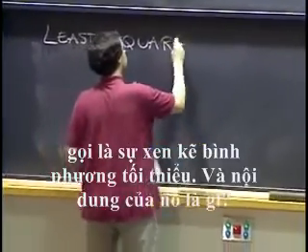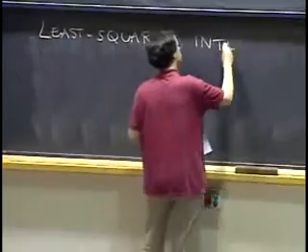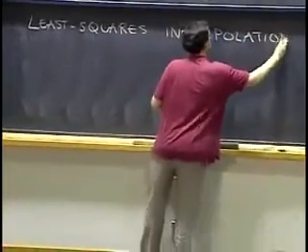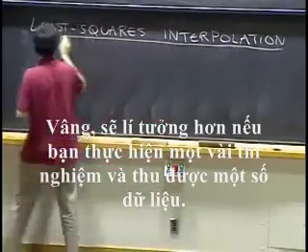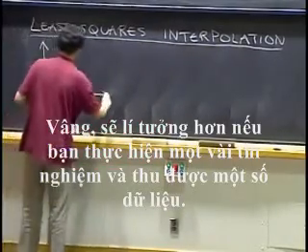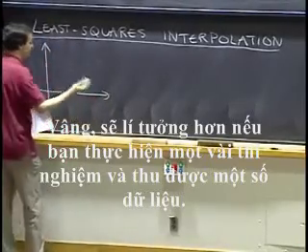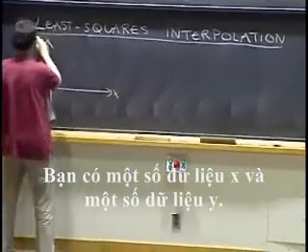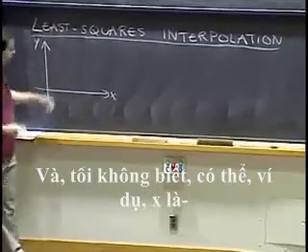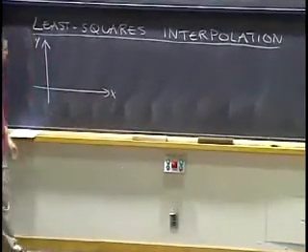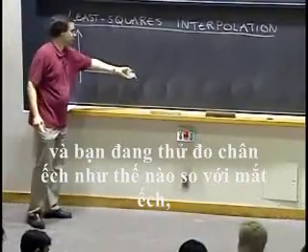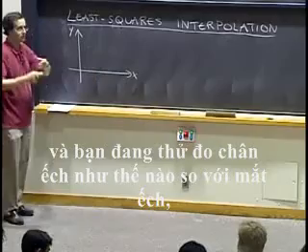And what is that about? Well, it's the idea that maybe you do some experiment and you record some data. So you have some data X and some other data Y. Maybe, for example, you're measuring frogs and you're trying to measure how big the frog leg is compared to the eyes of a frog.